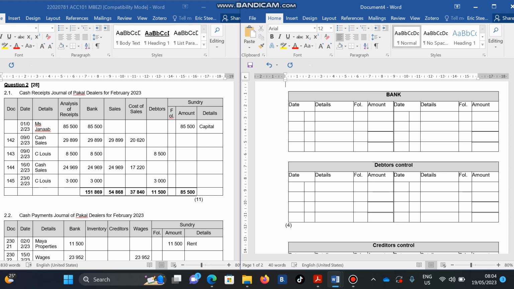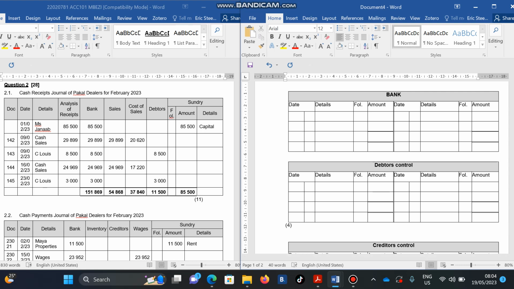All of these must be posted to the relevant ledger accounts, meaning we must have an account called bank account. I've indicated bank account. We see debtors control. There's an account for debtors control. There's an account for sales just at the bottom. So when we post from this side, we post into the general ledger account.